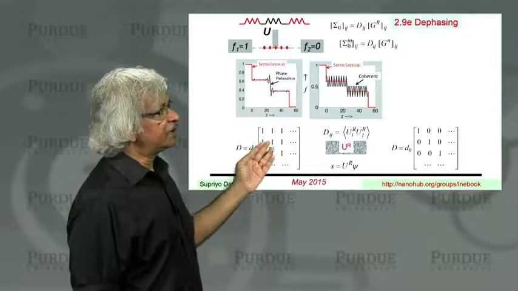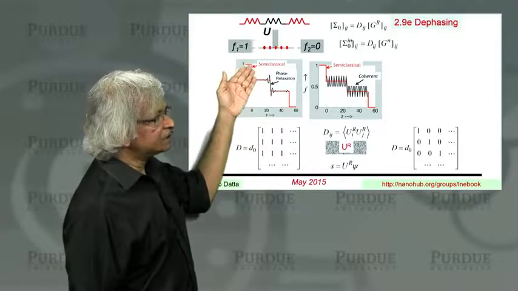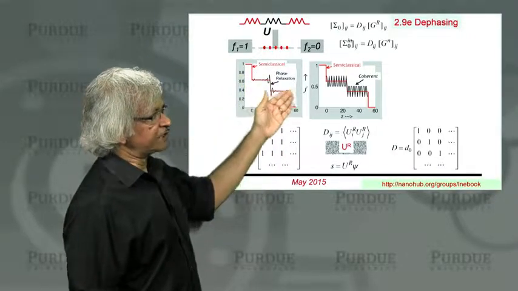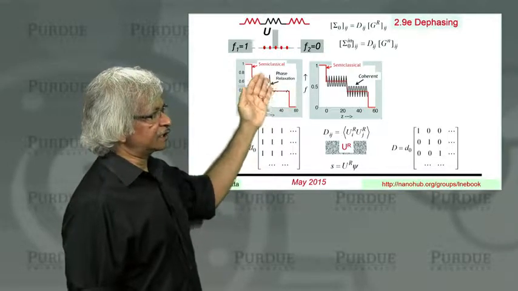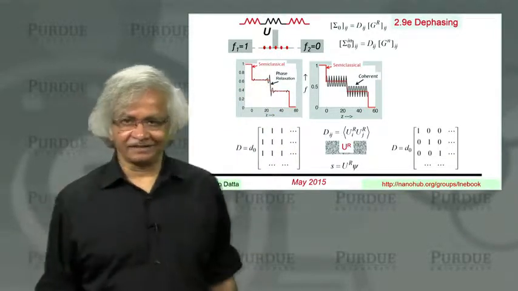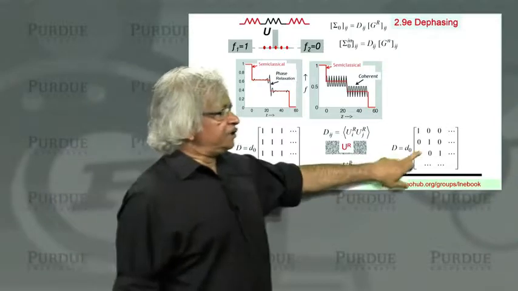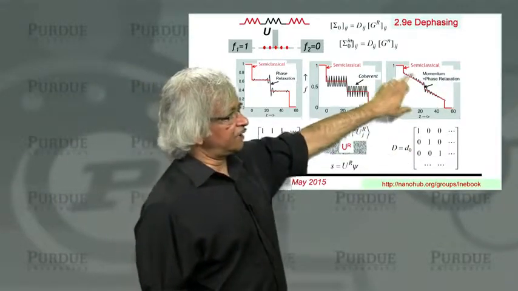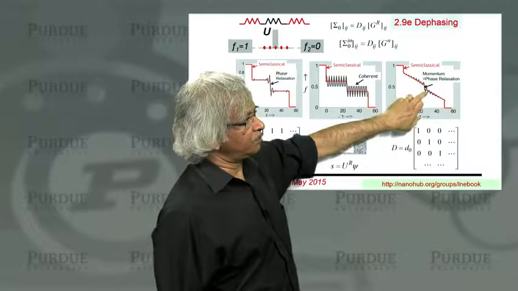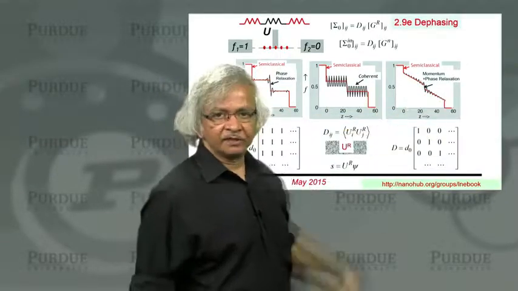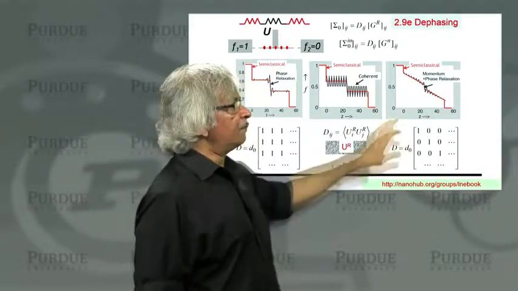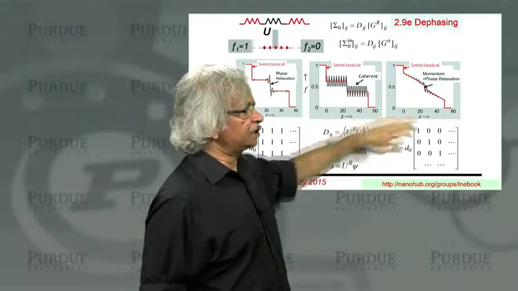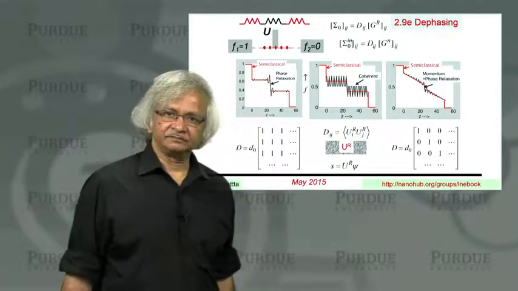When we used that, we saw pure phase relaxation, and you got a curve that looks almost semi-classical. Well, when we use this one, again the oscillations have gone down, but now you see there's a big slope here. And these slopes reflect this momentum relaxation in addition to the phase relaxation.